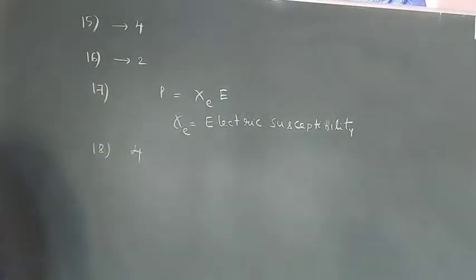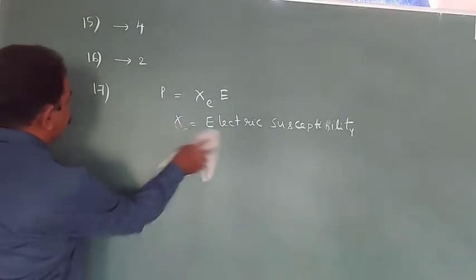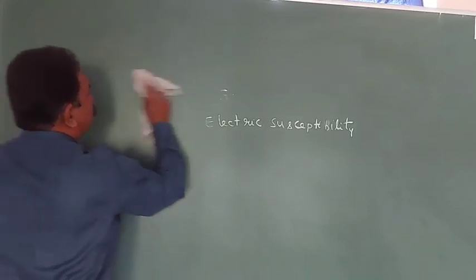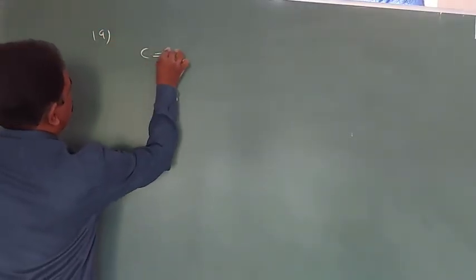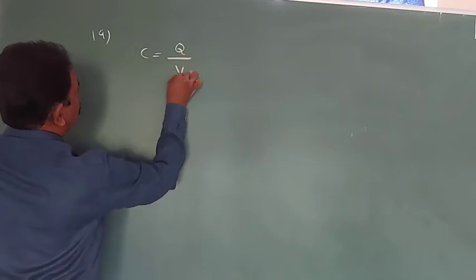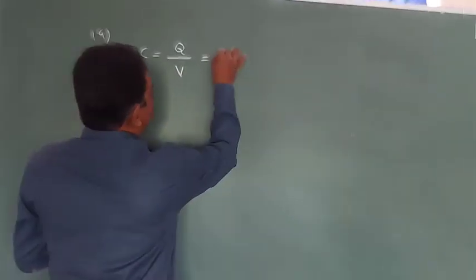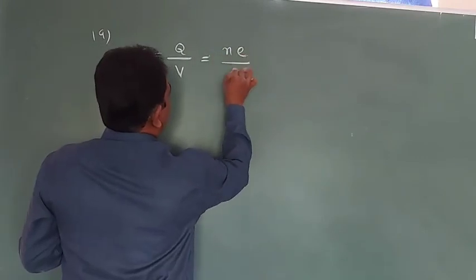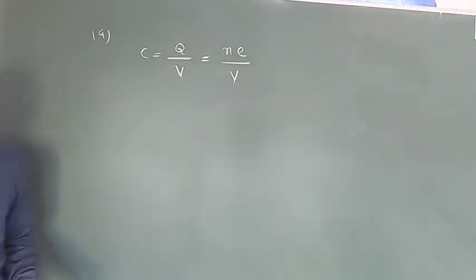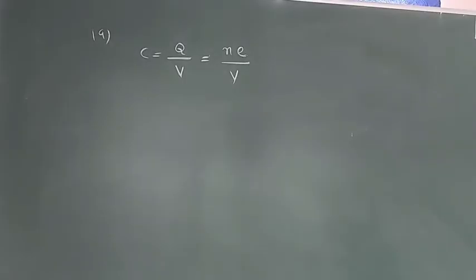So for 19, C is equal to Q by V, where charge Q is n into e. Then you try to calculate how much you are getting.